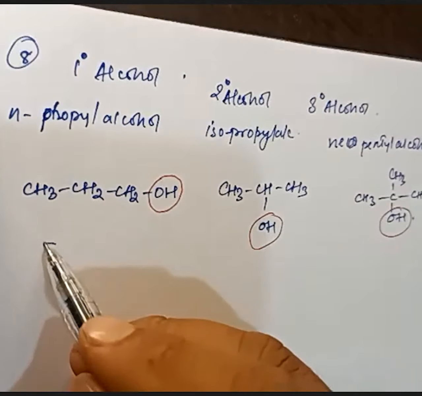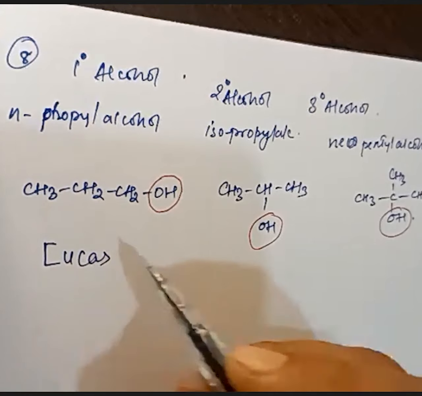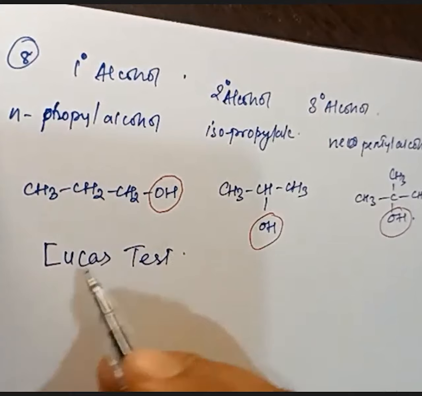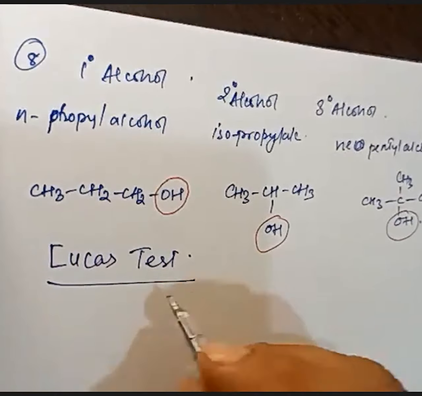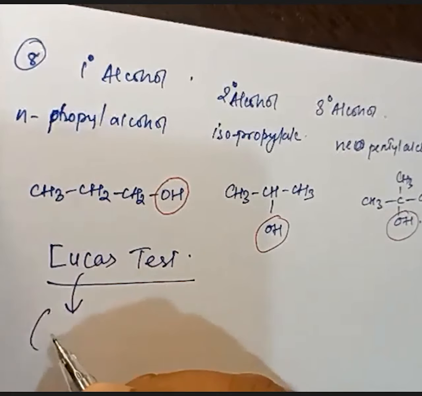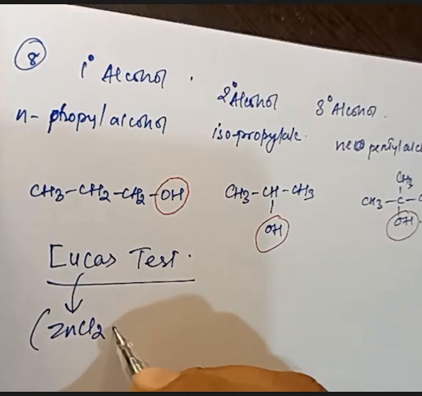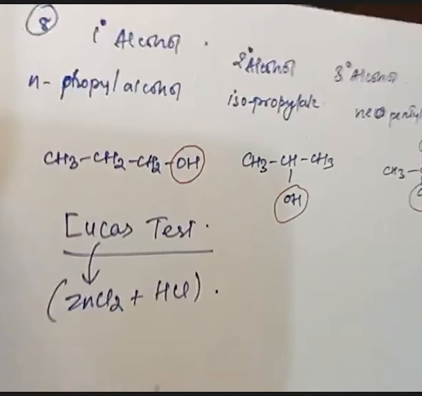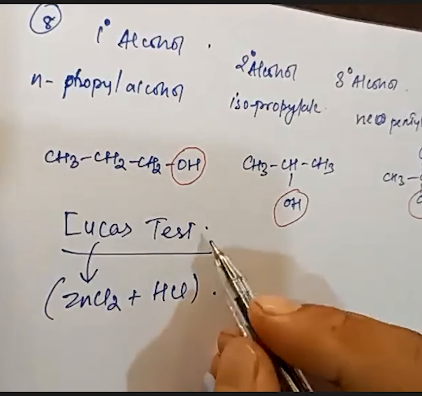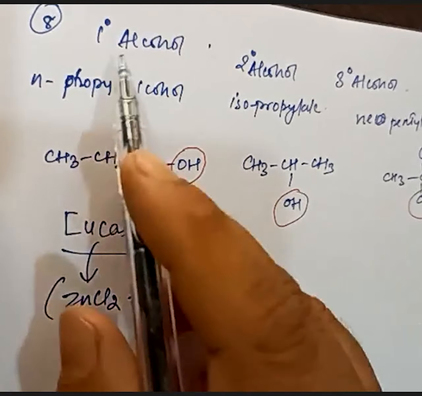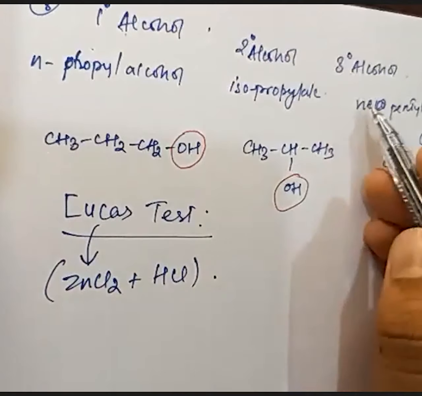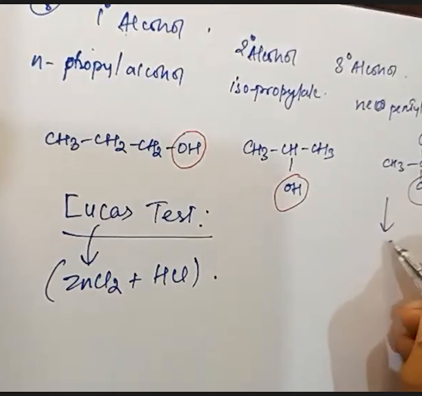In the alcohol chapter, the Lucas test uses a reagent of zinc chloride and HCl together. This is also known as the turbidity test. Cloudiness appears in 3 degree alcohol immediately.